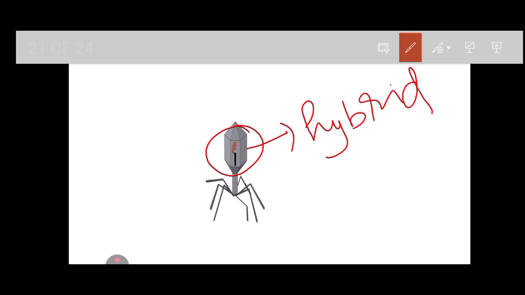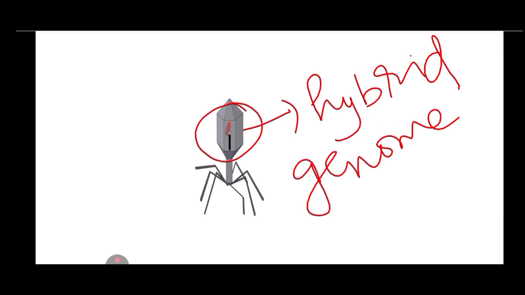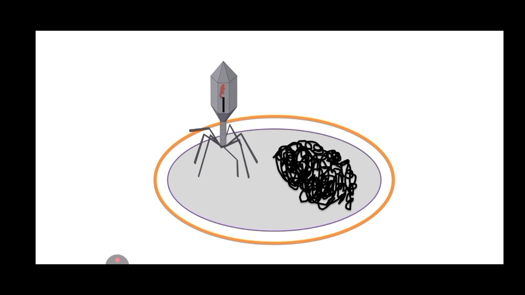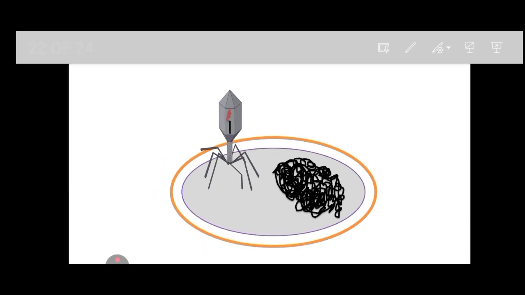Why is it called a hybrid genome? Because it has a portion derived from bacterial genetic material. Now this defective phage is capable of infecting the neighboring bacterium, as we saw in the case of the lytic cycle, and integrates this defective genome, the hybrid genome, into the bacterial cell.